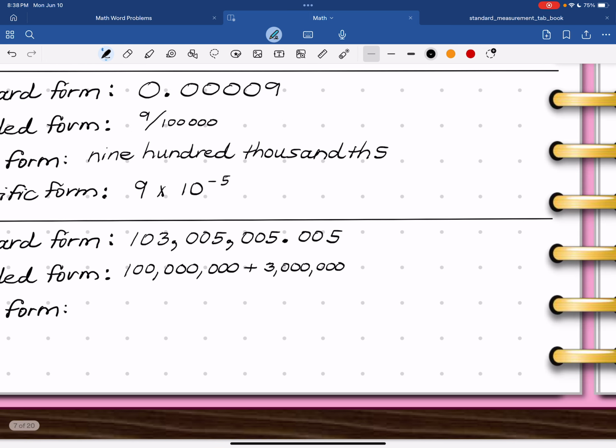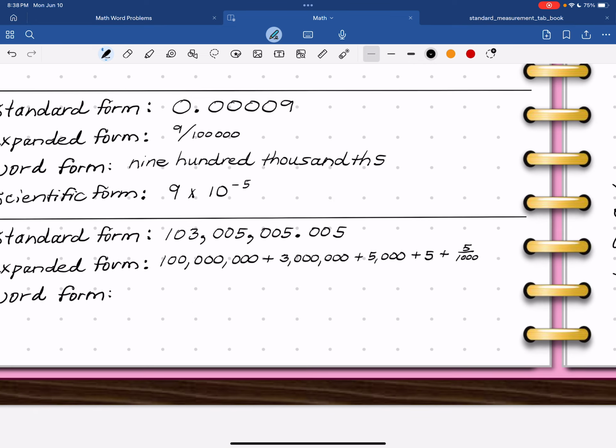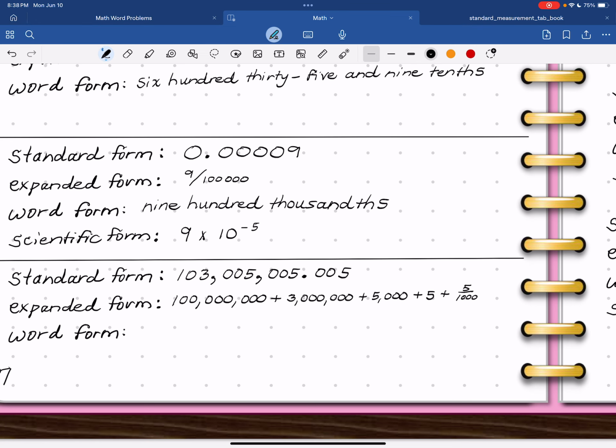Then I have a 5 in the thousands seat. Then I have a 5 in the ones seat. And I have a 5 in the thousandths seat. Those other zeros we don't have to worry about.